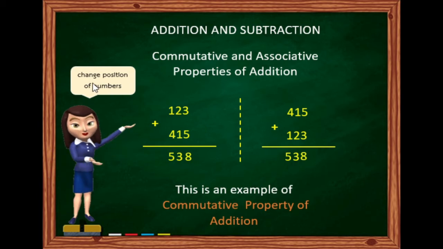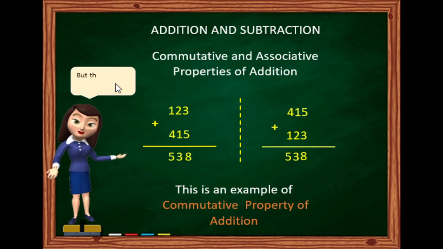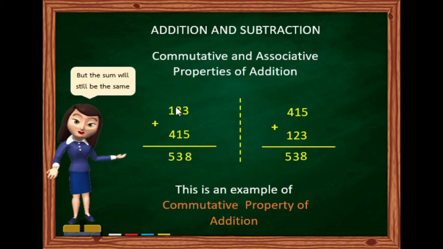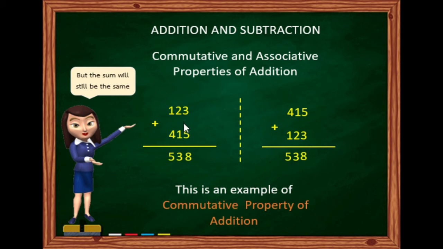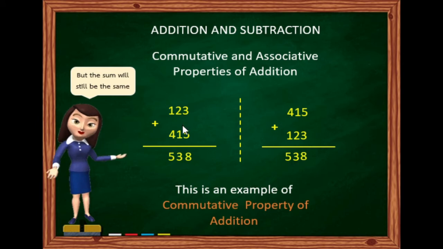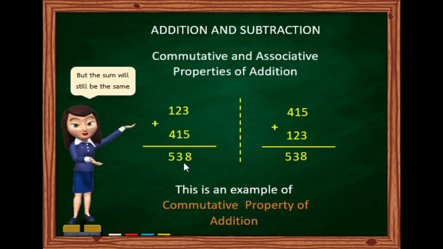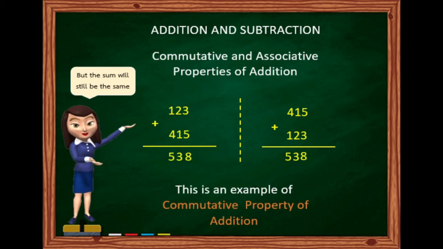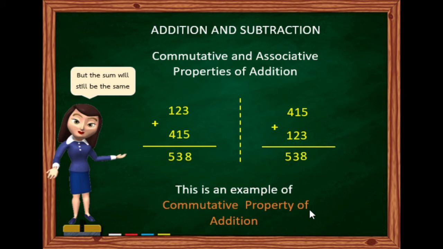There is a change of position of numbers, but the sum will still be the same. Even if we change the position of the numbers added, it does not affect our final answer. Their answers are still the same. That is one property of addition. Commutative property of addition.